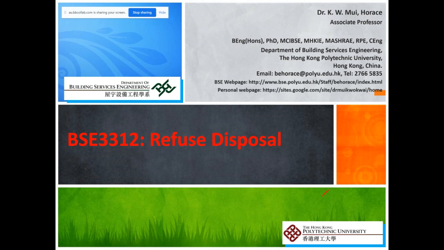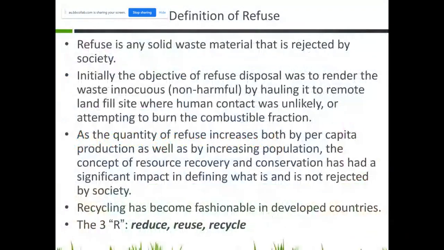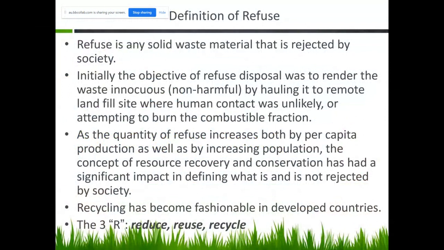Refuse disposal means, you know, fresh water is supply, and drainage is some of the trash, some of the discharge, solid, liquid, or something. The refuse means some of the solid waste material discharged from the society.